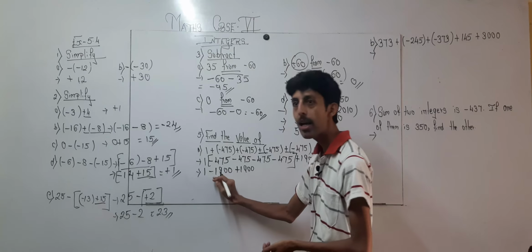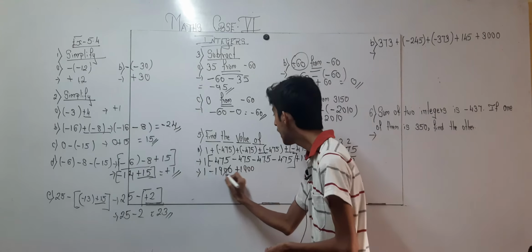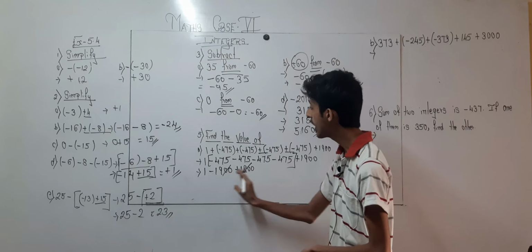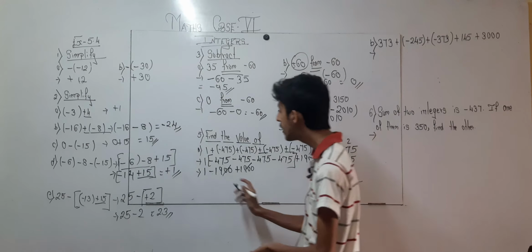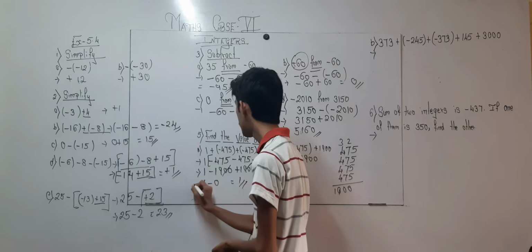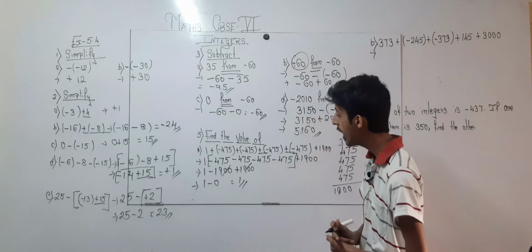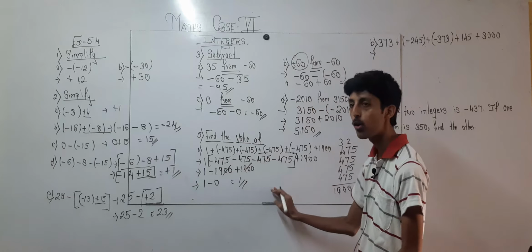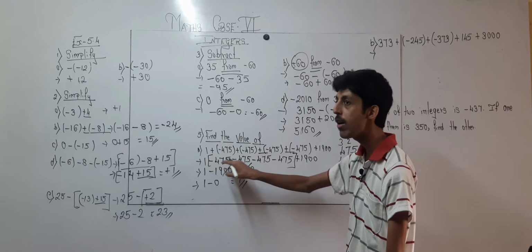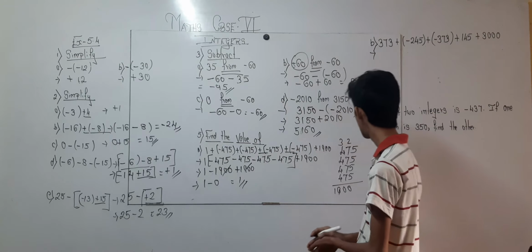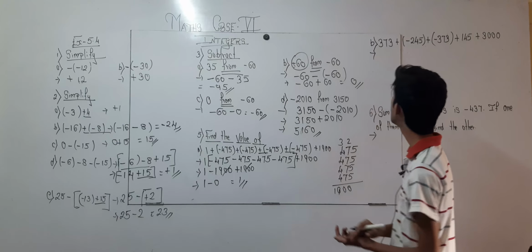Now this minus and this plus will get cancelled, because plus 1900 minus 1900 will give me 0 itself. So 1 minus 0 will also be equal to 1. Okay. Understood the concept, how it becomes easy to solve the following. So I added 475 three times, four times, and I got 1900. Now moving on to question number B.